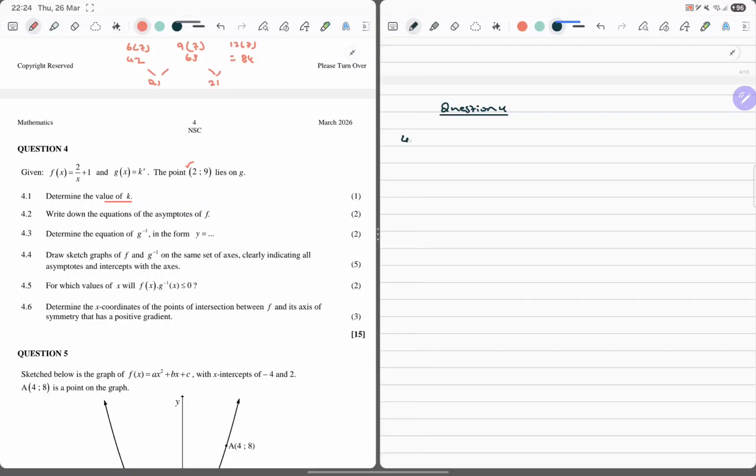Easy. So we've got 4.1. We know that g of x is k to the x. Through the point (2; 9), we know that 9 is going to be k squared. So this means 3 squared is going to be equal to k squared. Therefore, k is going to be 3. Why am I choosing the positive answer?